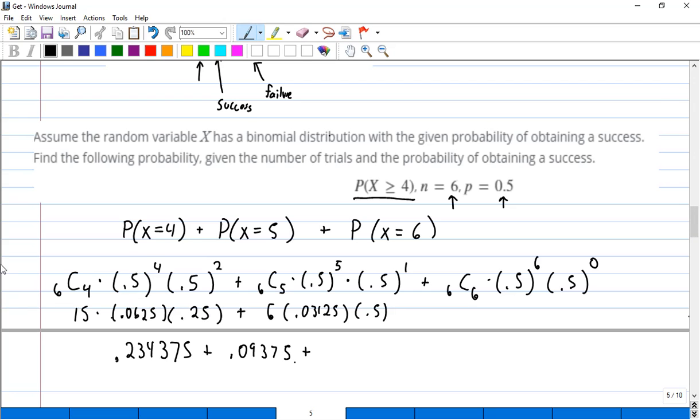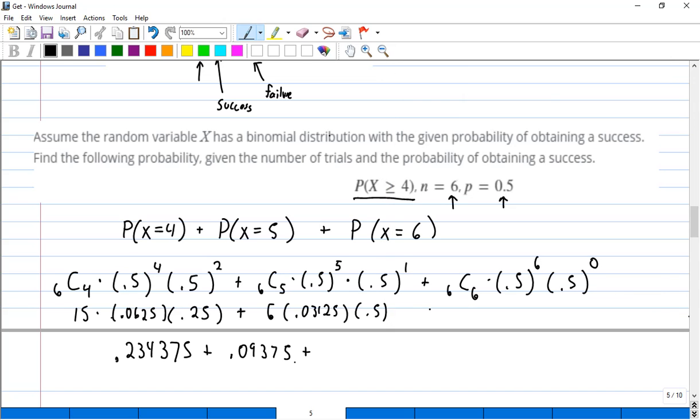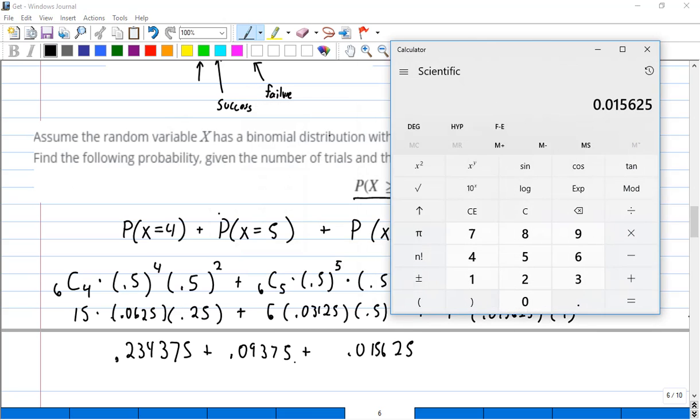So the only thing I have to do in the calculator is 0.5 raised to the 6th power. 0.015625. So if I add those three answers together, I'll have my answer.